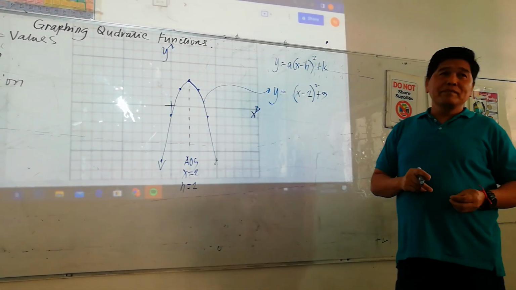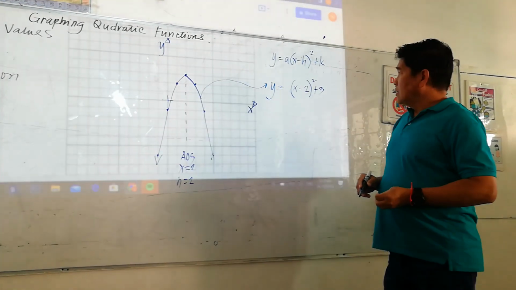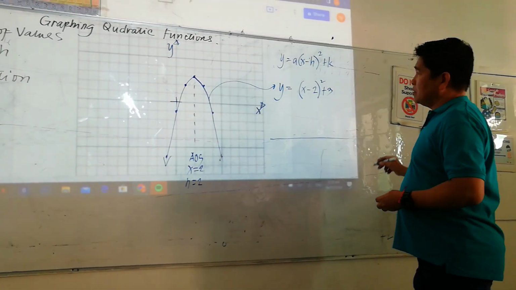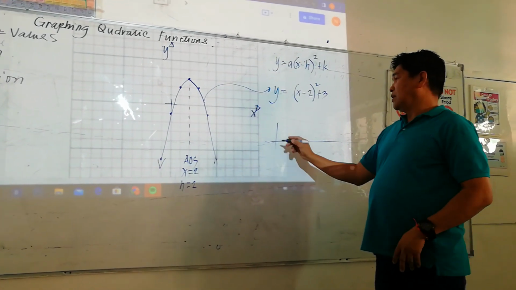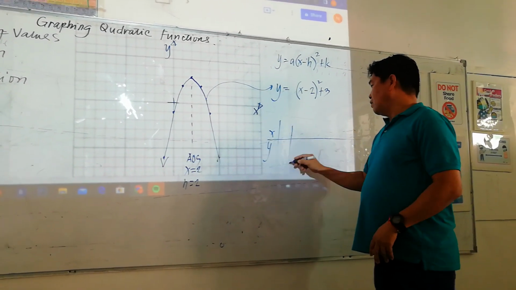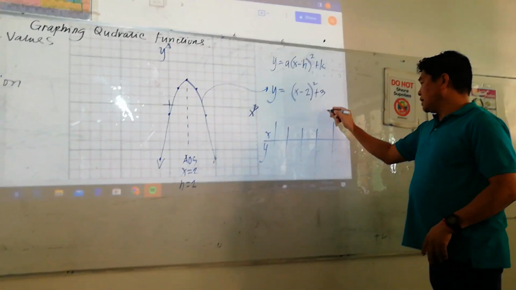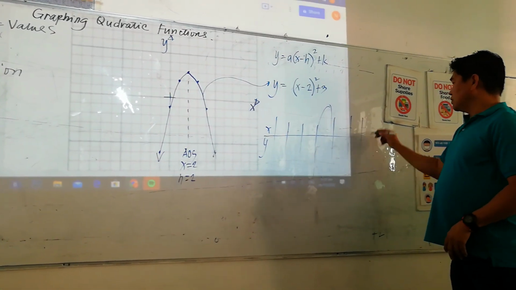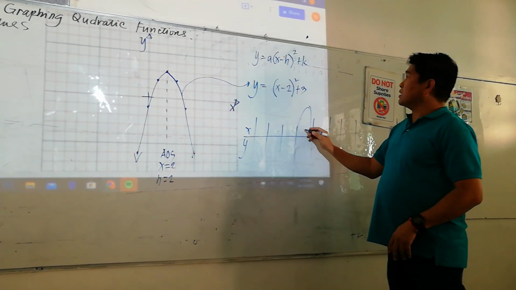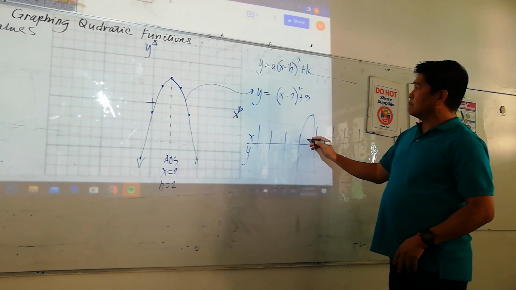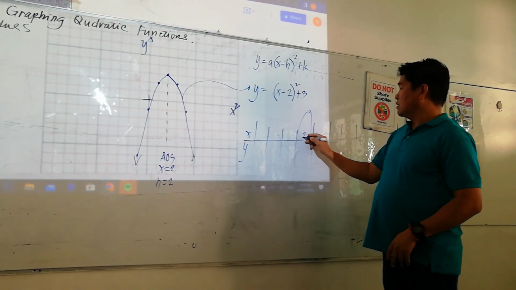Okay, now if we are going to make use of the table of values, graph, an equation. x, y. 1, 2, 3, your vertex. If x is equal to the vertex, what's your vertex? (2, 3).